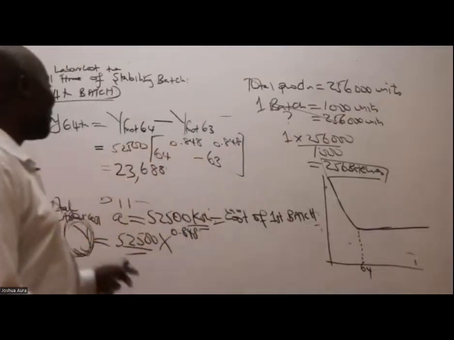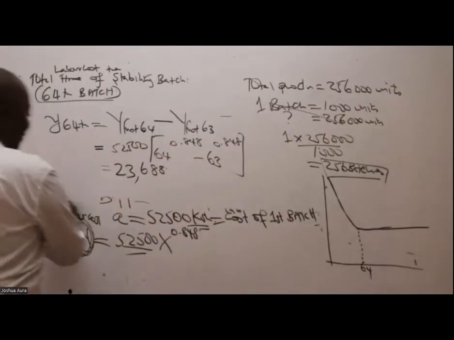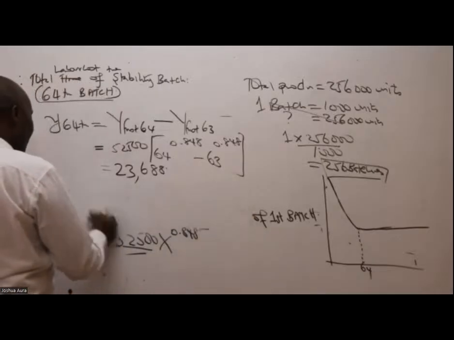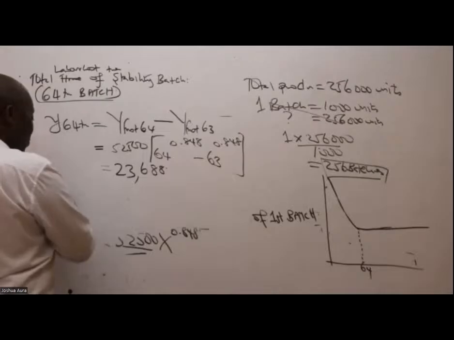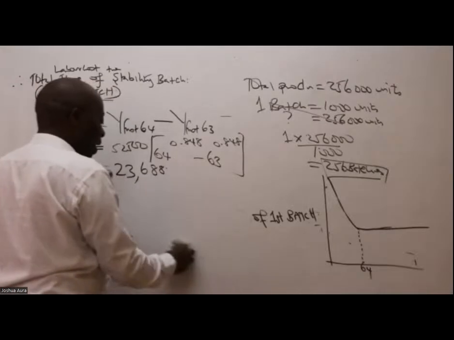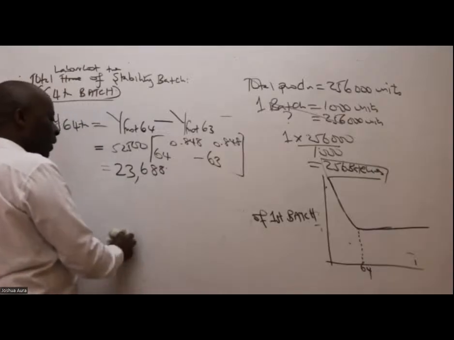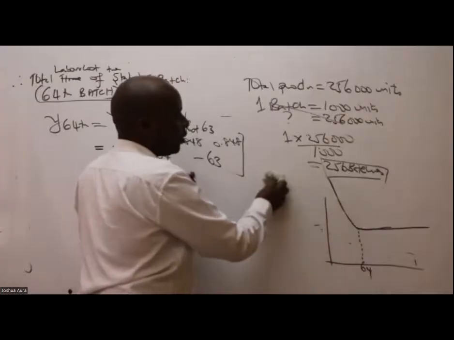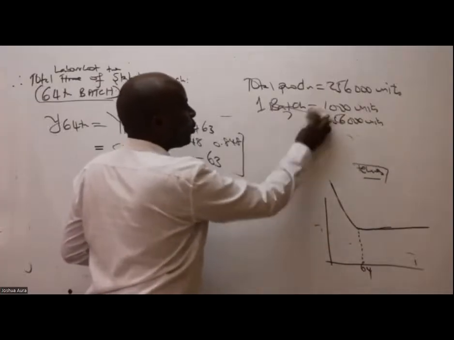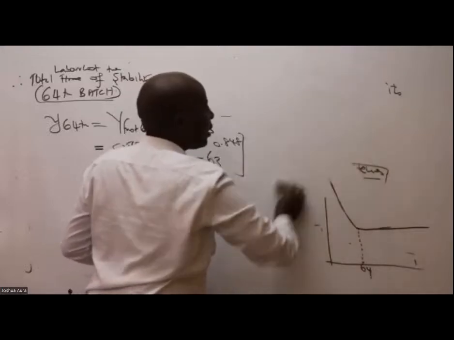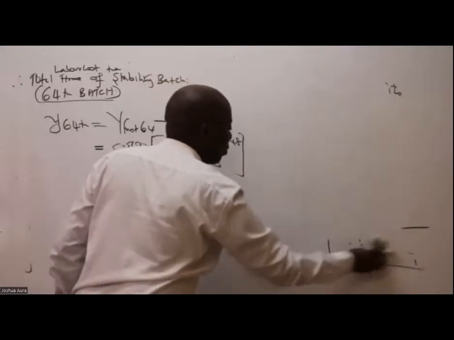Now, I would want you to listen to me very well. This is where they are applying the concept of product stratification. They have our product quantity produced being in two strata, two groups. One group is the one where learning is going to occur, and in the other group there is no learning.